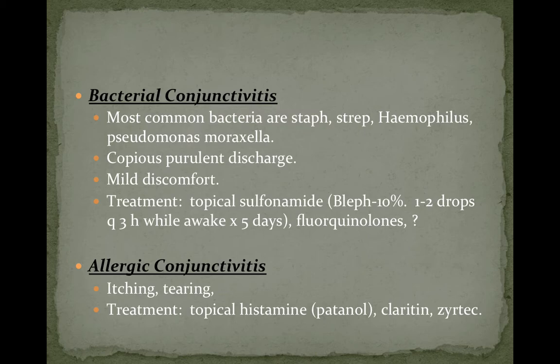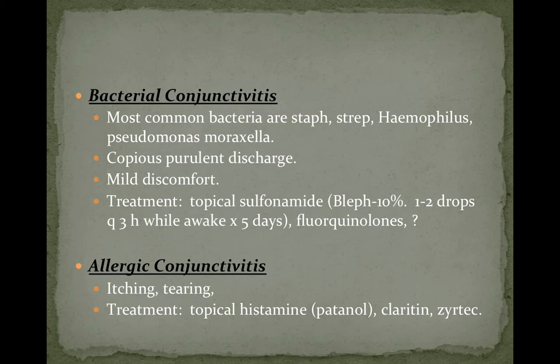I've gone to lectures about conjunctivitis, and most recently was in California for a lecture by an ophthalmologist who had practiced for about 30 years. And he said out of everything, out of all of the newer fluoroquinolones and all of the eye drops that have come out on the market, it's still Blephamide, which is the oldest medication and the cheapest medication, that seems to work the best.